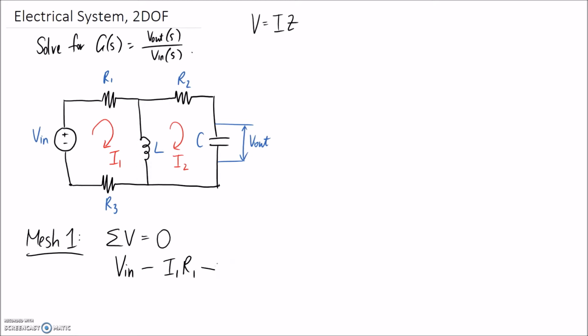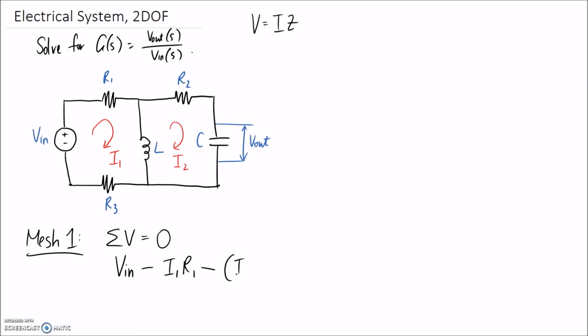Now again, it's going to be a drop across the component, so it's going to be minus, and it's going to be equal to the current flowing through it. Now this time, because this one's branched across two different meshes, we're going to need to take the difference in the current. So this is going in one direction, and this is going the opposite direction back through it. So the difference between them is what's going through this specific component.